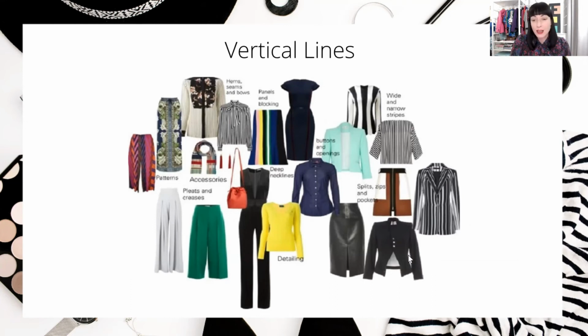So you can see the split in the center of the skirt, having those lapels and straight lines where you can layer underneath and create that column of color. It's button detailing, it can be pockets, anything like that. Pleating will create those vertical lines. So vertical lines, again, will draw the eye up and create that length through the body.